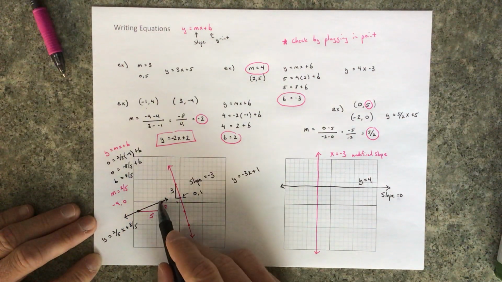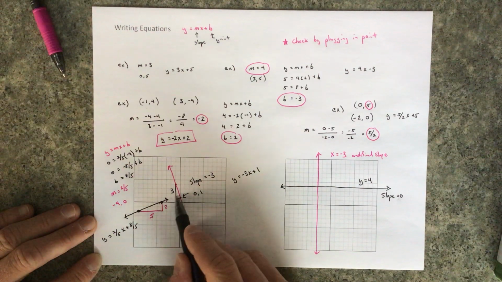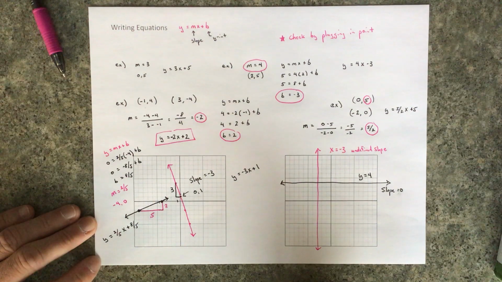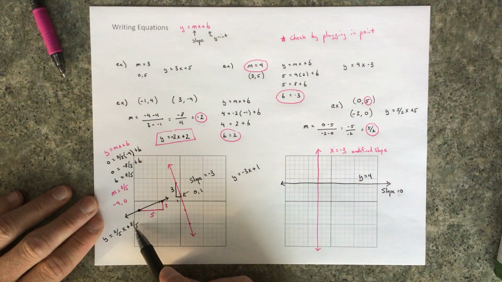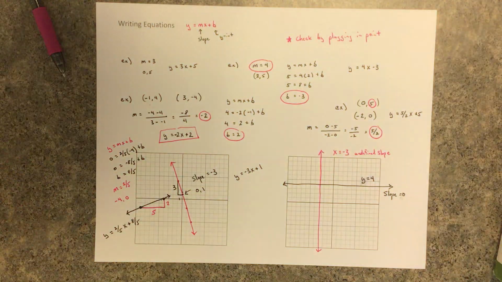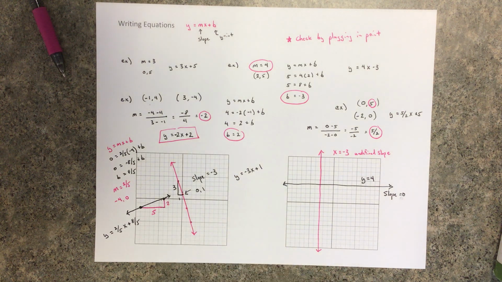And if you kind of trace that out, you can see that that line is really close to hitting right there, which is like 8/5, right? Just below 2. Okay, so you can get fractions for slopes, you can get fractions for y-intercepts. Lots of times in the easier situations, your y-intercept is just a number like 2, but certainly it can be a fraction and it's no big deal.